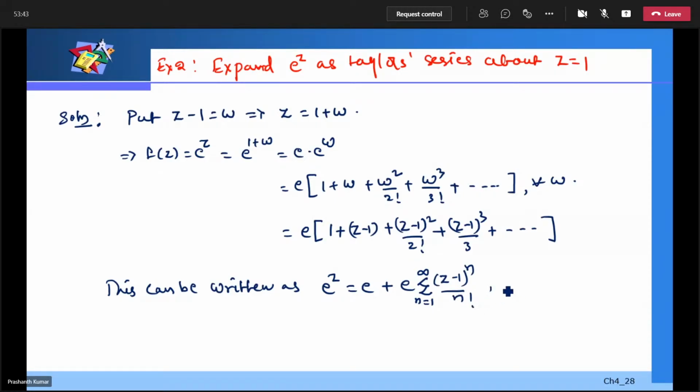So this holds if mod z minus 1 is less than infinity, for every z.